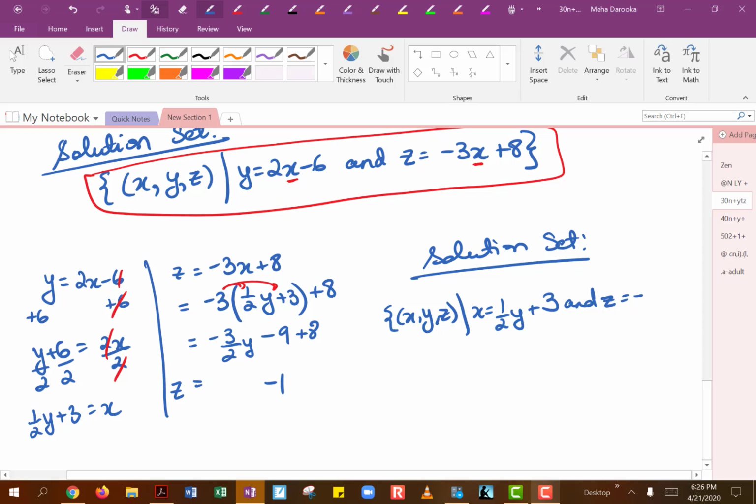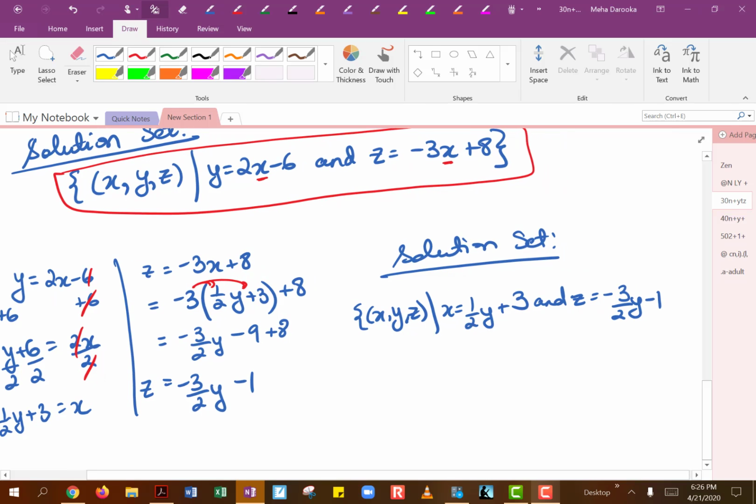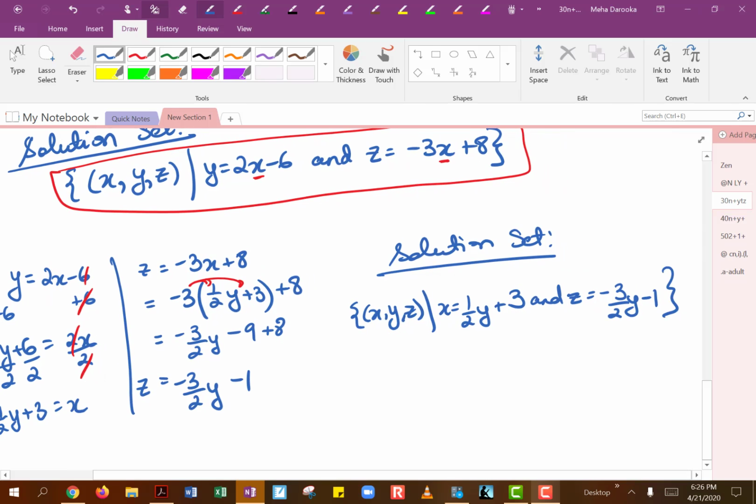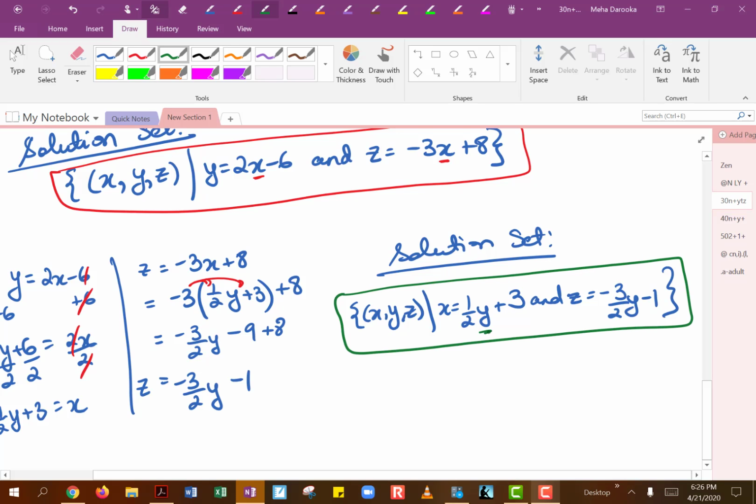Okay, I just saw what I did. This should be negative 3/2 y. Negative 3/2 y minus 1. So this is how you would write it if they wanted your answers to be in terms of y, which means x and z have to be defined in terms of y.